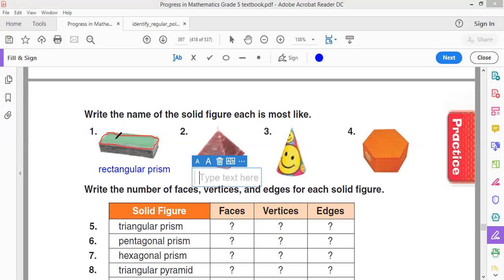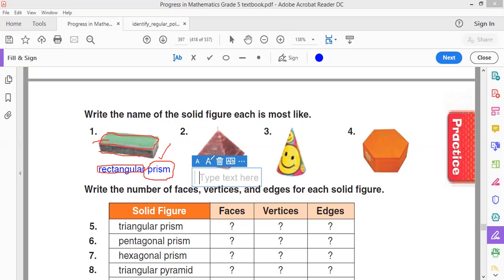Maaz, it's a rectangle. Yes, rectangle. And what will be its downside? Rectangle. So we call it rectangular. And why do we call it prism? Because upside and downside are both the same. So we call it prism.